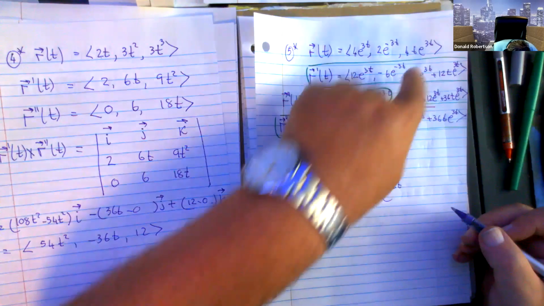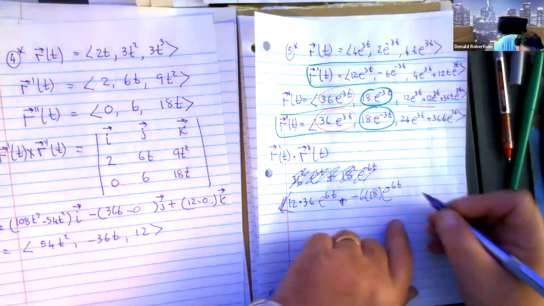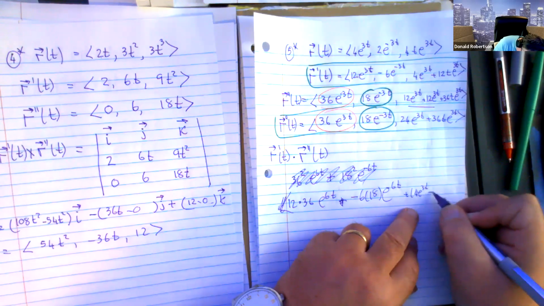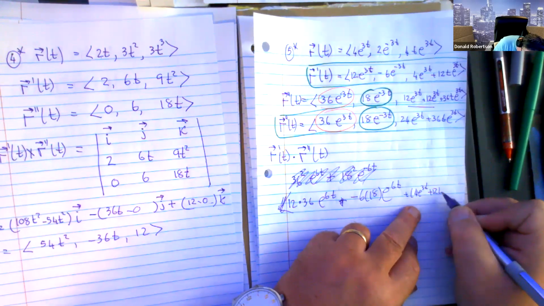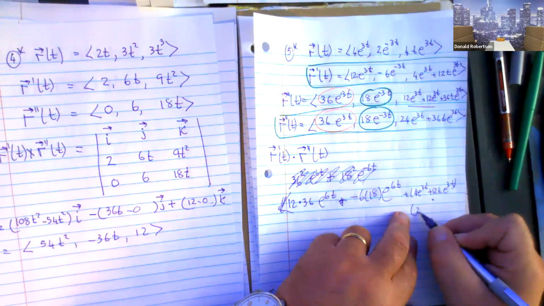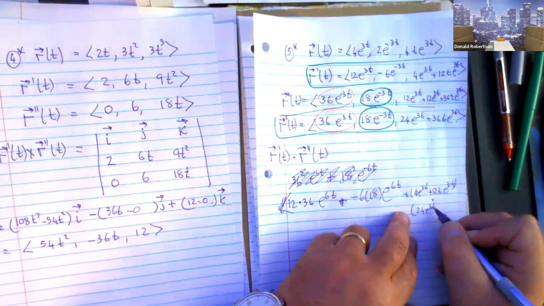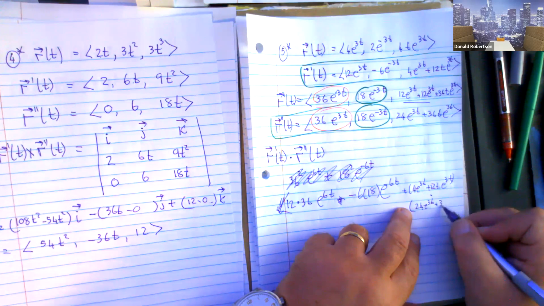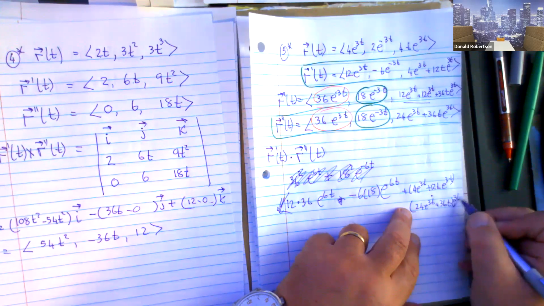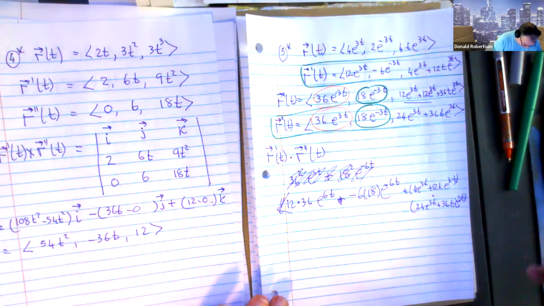And the last one is going to be this guy times that guy. So you will find this fella times this fella. And that horrible mess is your third answer.